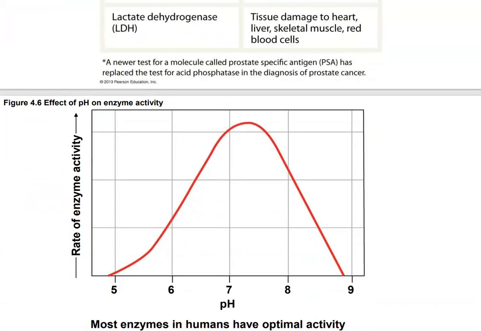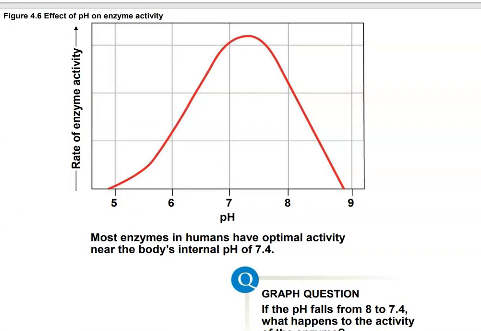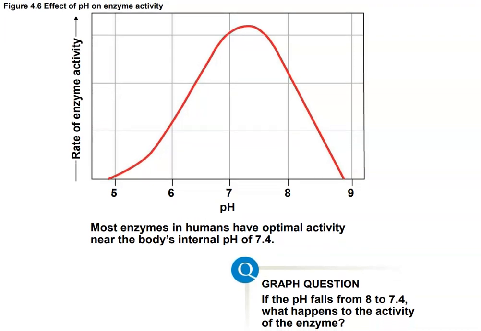Okay, so let's take a look at conditions under which enzymes want to operate. So the enzymes speed up a chemical reaction. They interact with the substrate and then gently lower the amount of activation energy that's necessary for the reaction to occur. They all are pretty picky. Most enzymes that work in the human body have a pH optimum of 7.4, right around where your blood pH is.